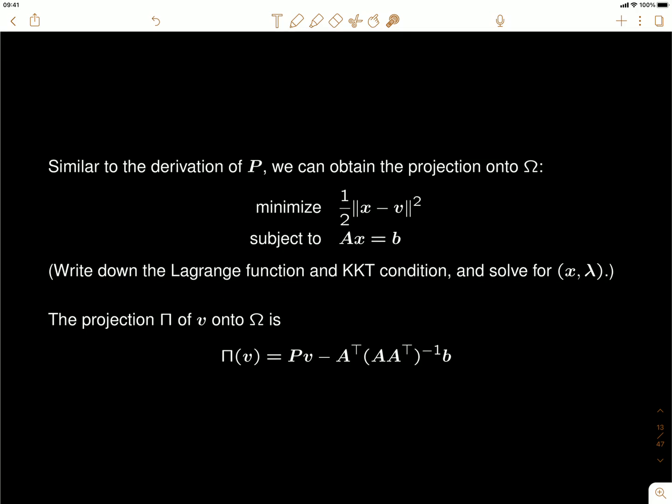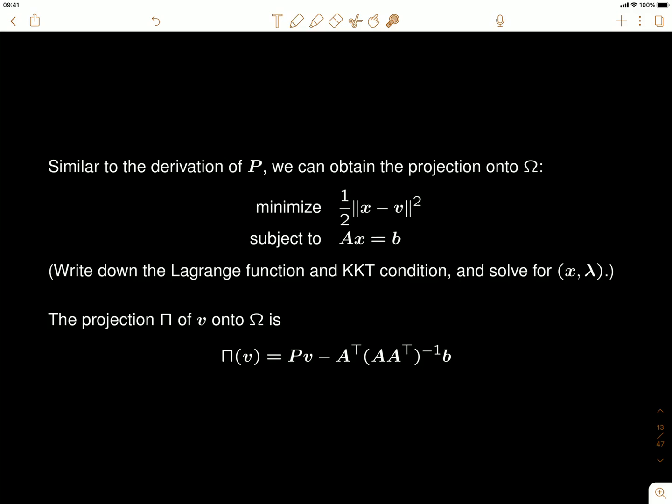All right, now we can derive a more general case. Previously we considered projection onto the hyperplane or the subspace Ax equals 0. And now we suppose we have the b here. Let's see what the projection is there. You can show this by yourself. It's exactly the same steps as before, except that the 0 becomes b.